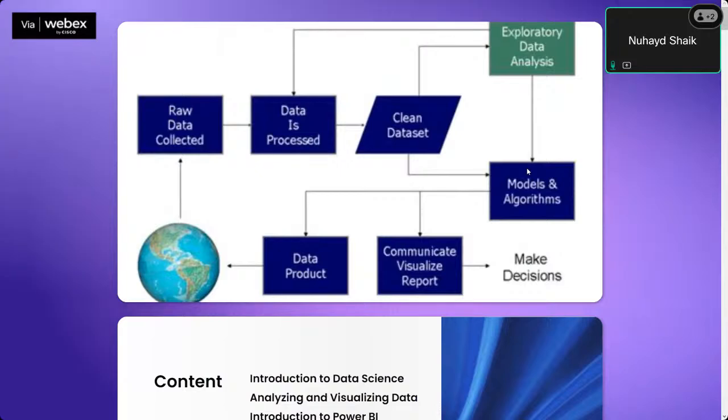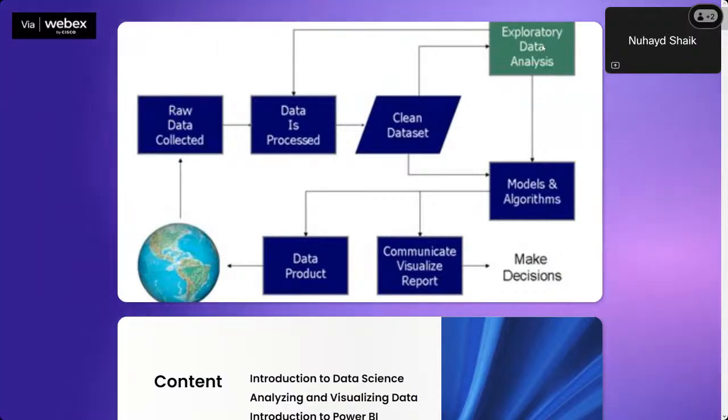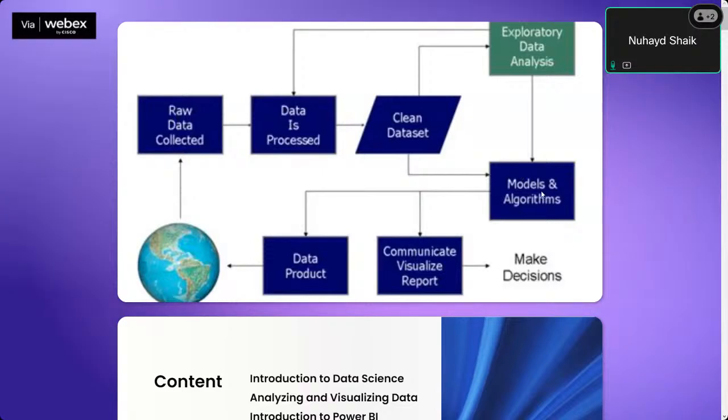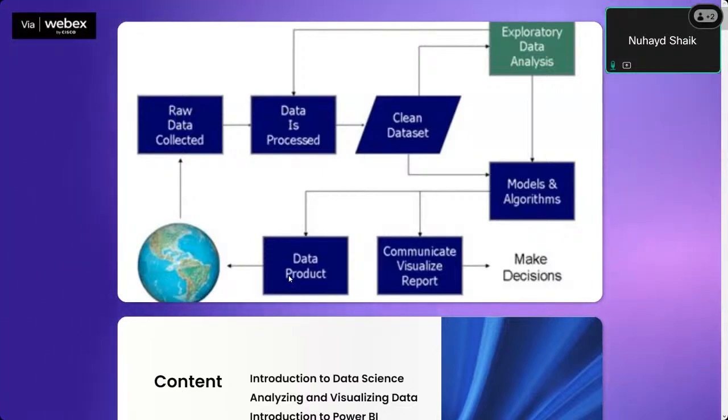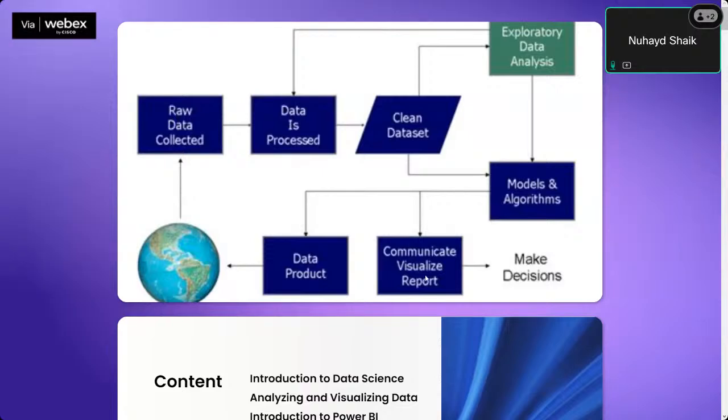Artificial intelligence and machine learning is a combination of a variety of algorithms processed on data, so that you can make predictions and build an accurate system, right? Build models exactly. So this data analysis will lead to the use of models and algorithms to build a system, right? As soon as you build a system, you can either make a data product, which can be an application or a website, which can demonstrate your model, or you can make a report.